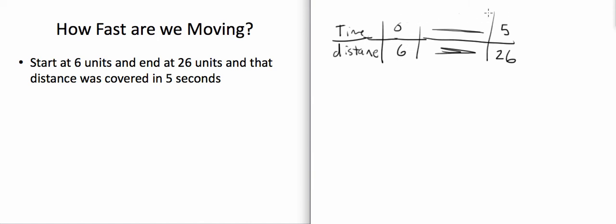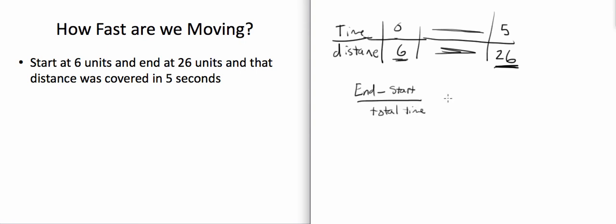So you had 5 seconds that were covered while you were walking, and you covered this amount of distance. This would be our ending distance, and this would be our starting distance. So we take our end minus the start, and then divide by total time.